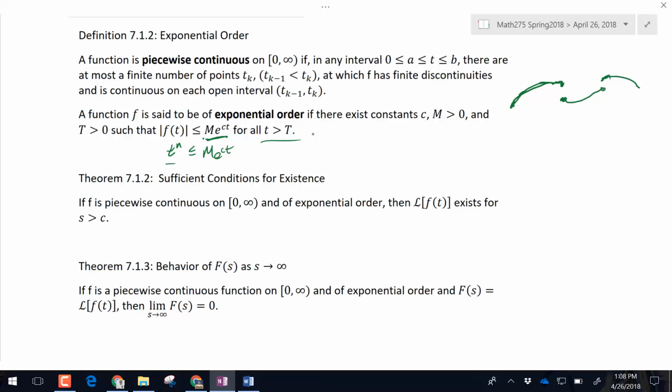Well, the resulting Laplace transforms, in this next theorem, say that they all kind of go off to 0 as s goes off to infinity.